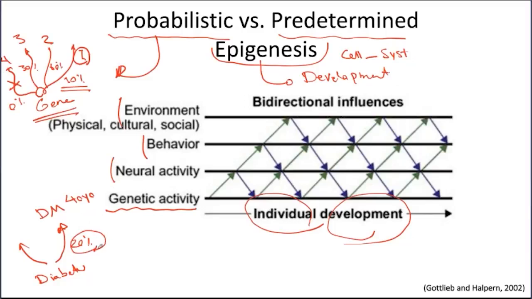So that is what we call probabilistic epigenesis. And this is how we believe right now the development process happens, with genes providing us with different pathways, with different probabilities.